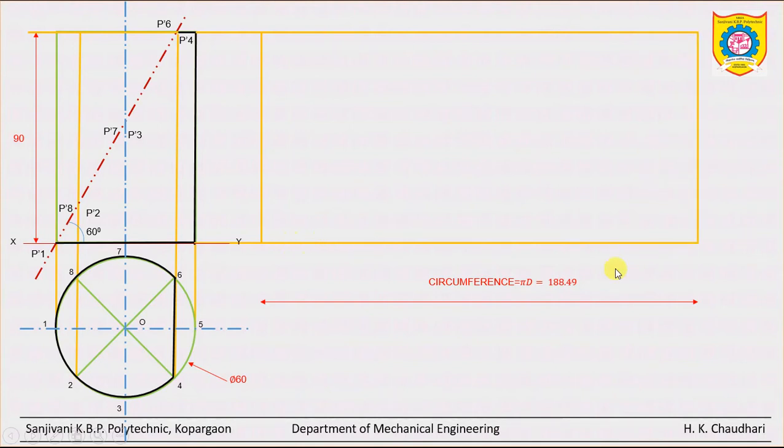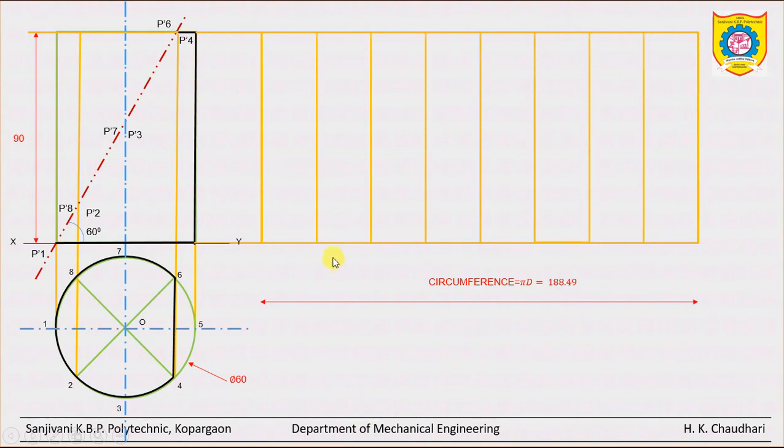Now divide this rectangle into 8 equal divisions. We can name the division points up to 8 and finally again 1 dash. Okay. Now next is, just draw the projection from this point P2, which is same as that of P dash 8.